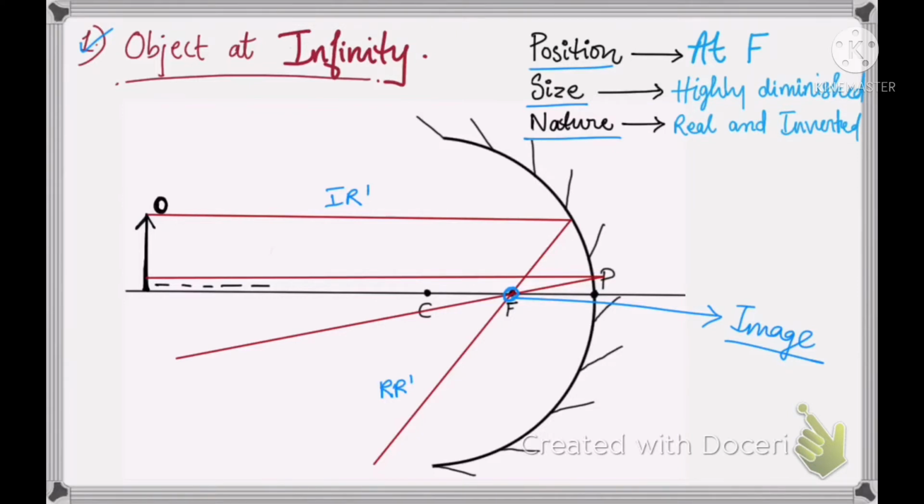You can see that the size of the object is this much and the size of the image is not even a line, so it is very diminished. So we can use the term highly diminished. And what's the nature of the image? It is real and inverted, because we know that an image formed by a concave mirror, or an image formed before the mirror, is always real and inverted. The images which are formed behind the mirror are virtual and erect.